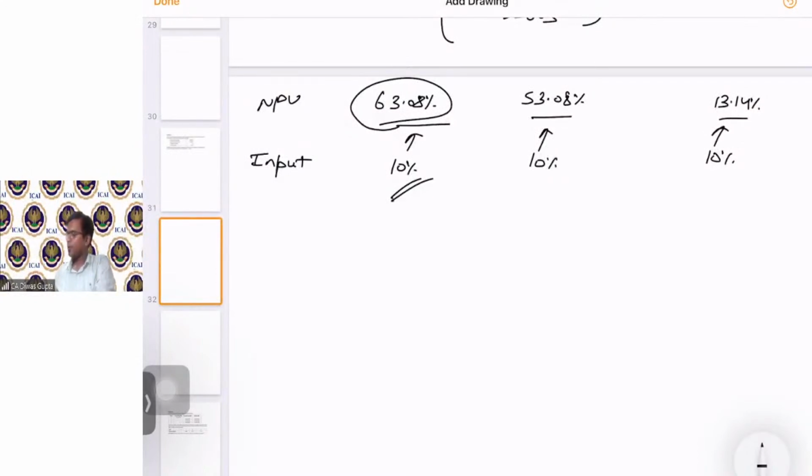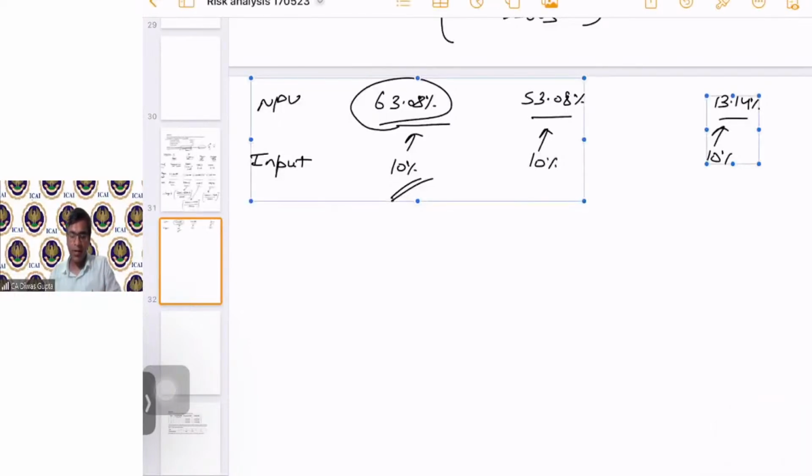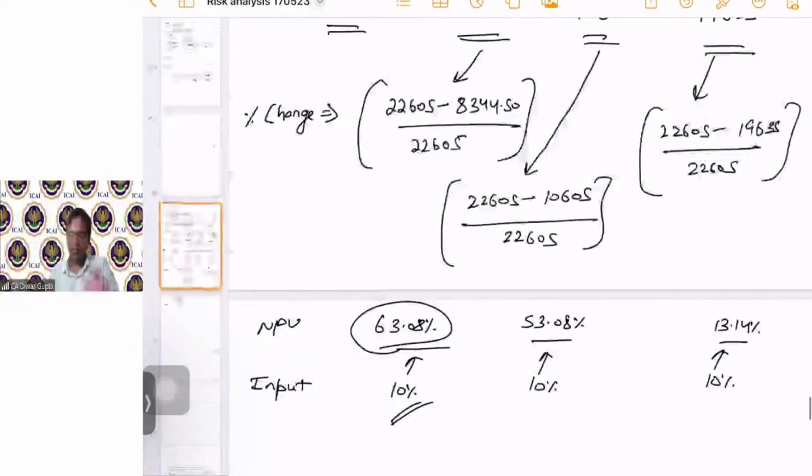I hope you are able to understand, because only by changing 10%, this is actually driving 63.08 percentage lower NPV. That is why we are saying that this is the most sensitive input. I hope till now it is clear.